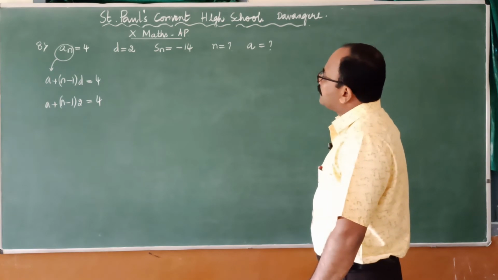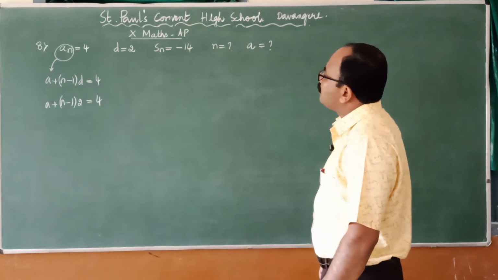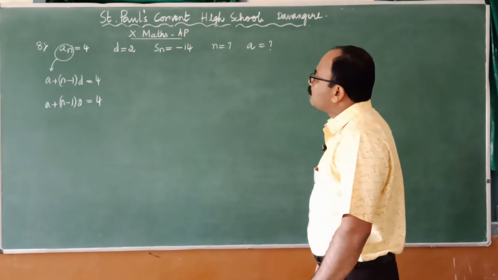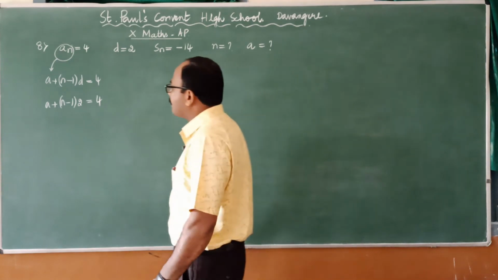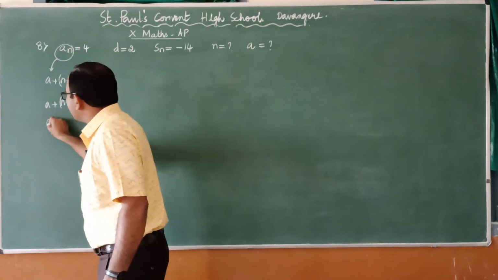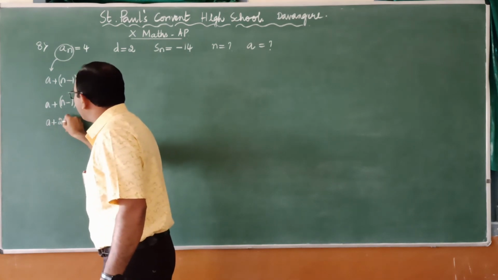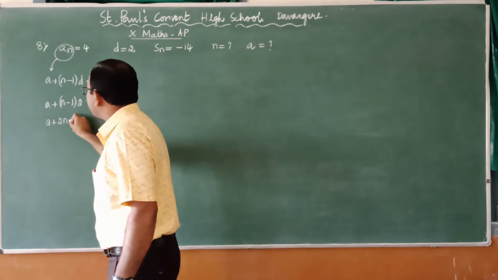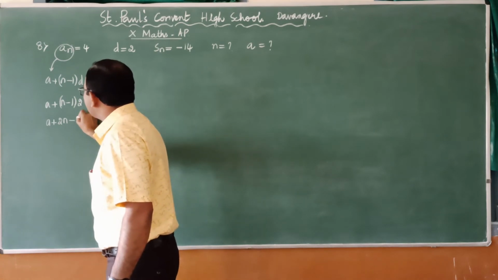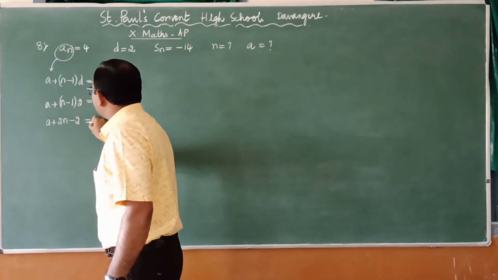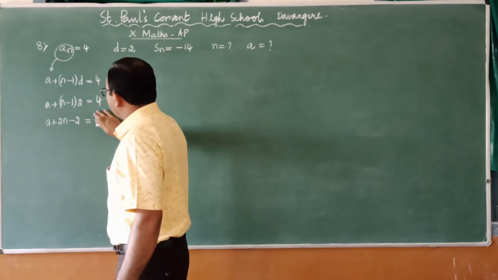Further, one more step of simplification can be done, children. A plus n into 2, which is 2n, minus 2, will be equal to 4.